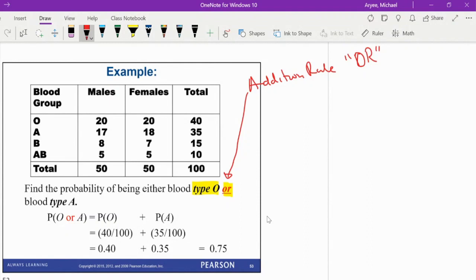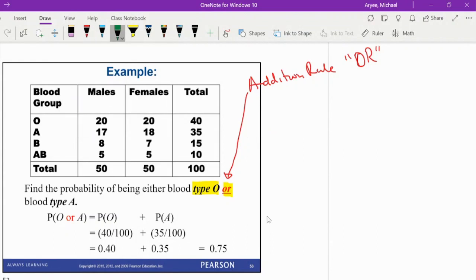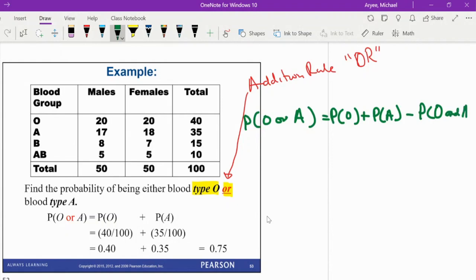So we're saying that the probability of O or A, I just want to write the order in which they give us, should give us the probability of O plus the probability of A, and then check if there is any double counting, the probability of O and A.